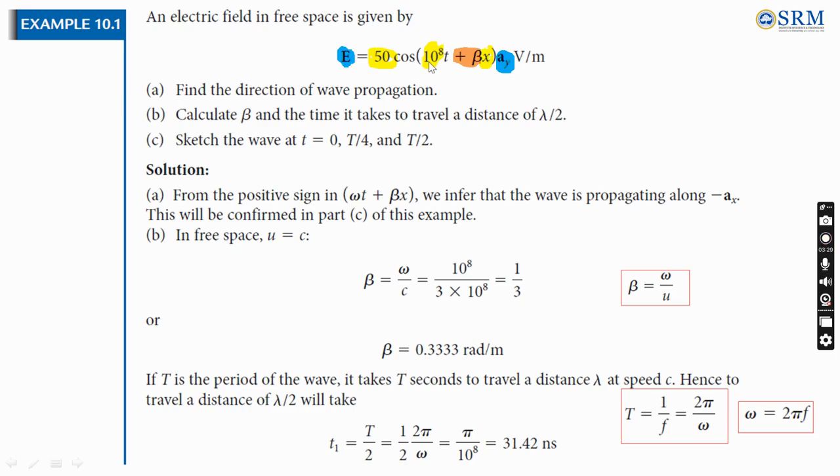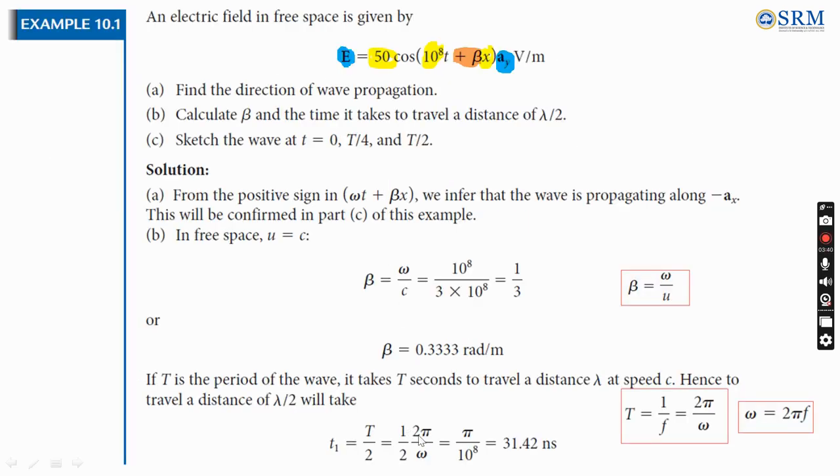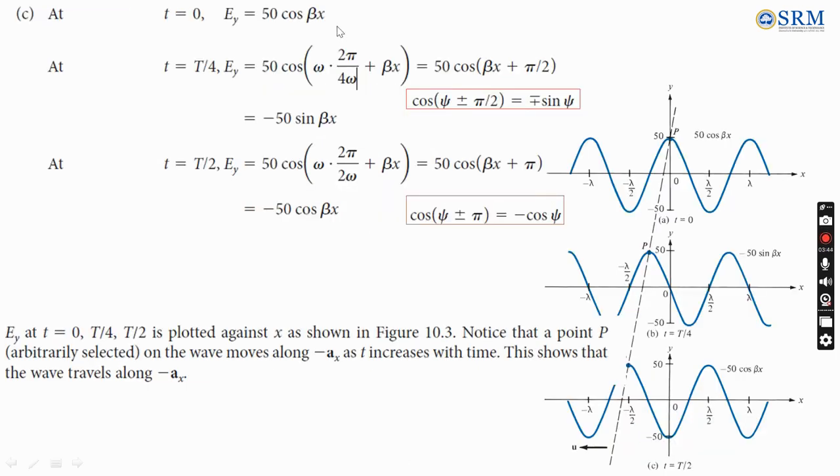So EY is 50 cos of omega, it's 10 power 8, for small t I have to put T by 4. And the T by 4 I can substitute this way: 2 pi by 4, omega by this relation, plus beta x. If you cancel the similar terms, we will get beta x plus pi by 2.